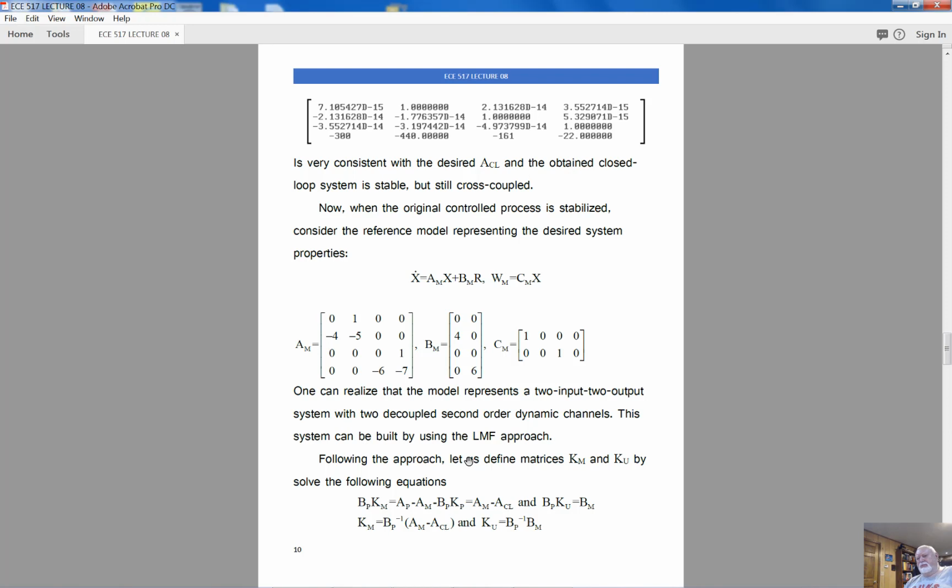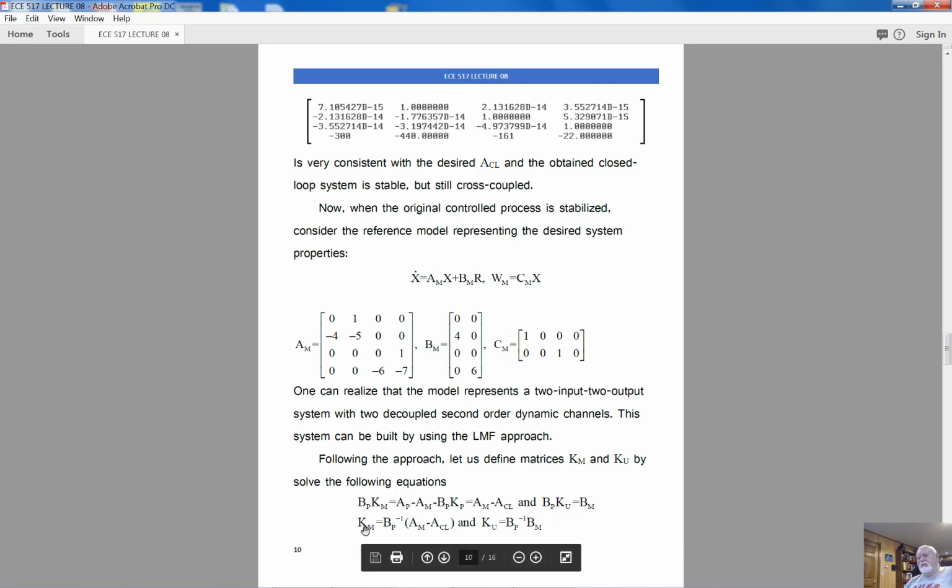First of all, we will define matrix Km and Ku because we have to, and we do it by solving these equations. These equations are consistent with the linear model following design.